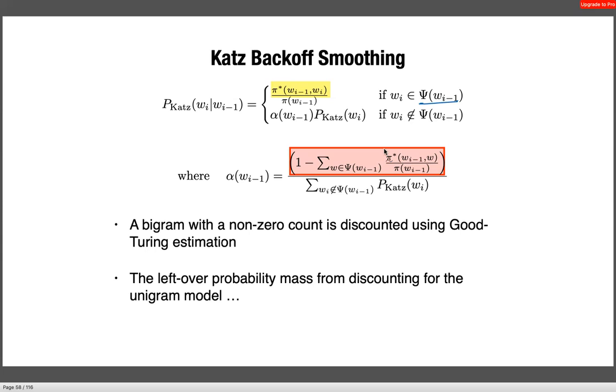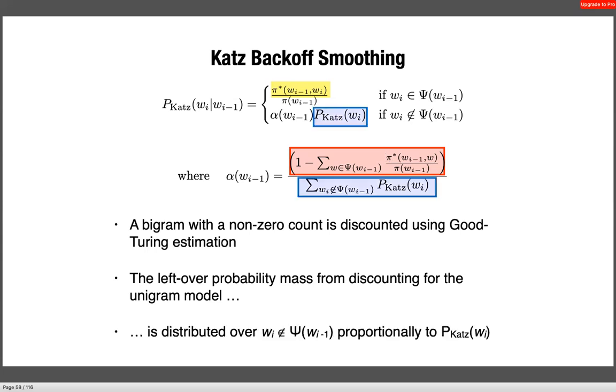This leftover probability mass I need to distribute over all those w_i's which do not belong to psi of w_{i-1}. That distribution, which is proportional to the unigram probability of w_i, is ensured by this term in the denominator, where I sum over all w_i which do not belong to psi of w_{i-1}, the unigram probability of all such w_i's.